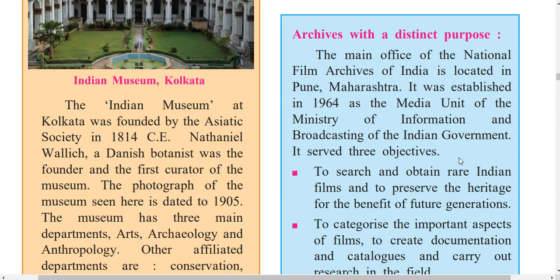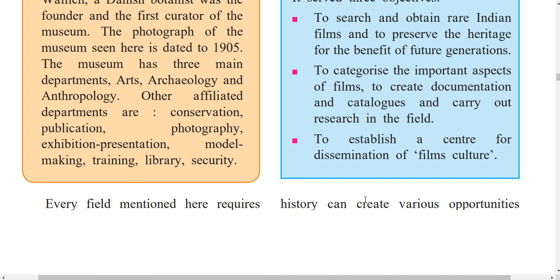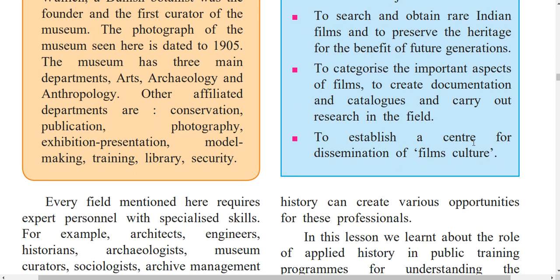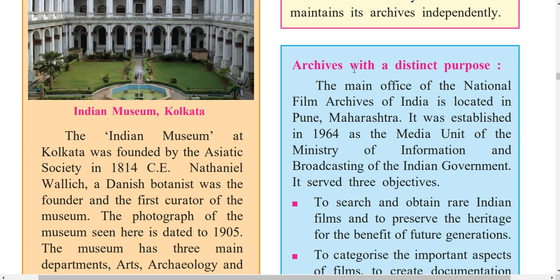It served three objectives: to search and obtain rare Indian films, to preserve the heritage for the benefit of future generations; to categorize the important aspects of films, to create documentation and catalogs and carry out research in the field; to establish a center for dissemination of film culture. So this is about archives with distinct purpose. National Film Archive of India.